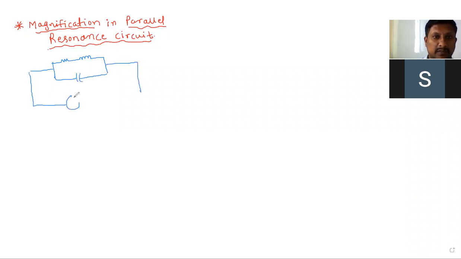For this we apply the input source Vs. This is the capacitor C, this is the inductor L, and this is the resistor R, or RL.